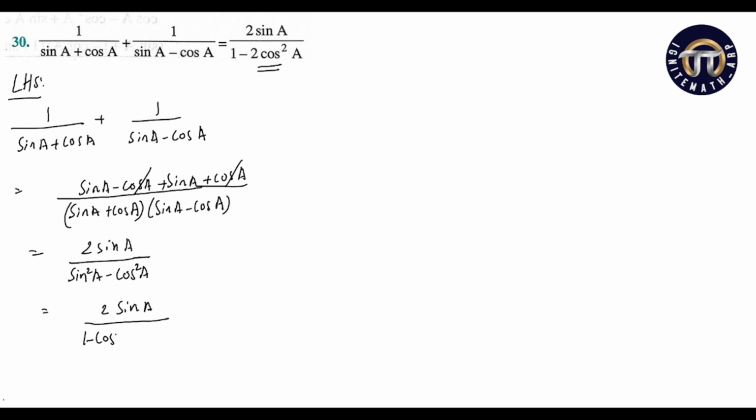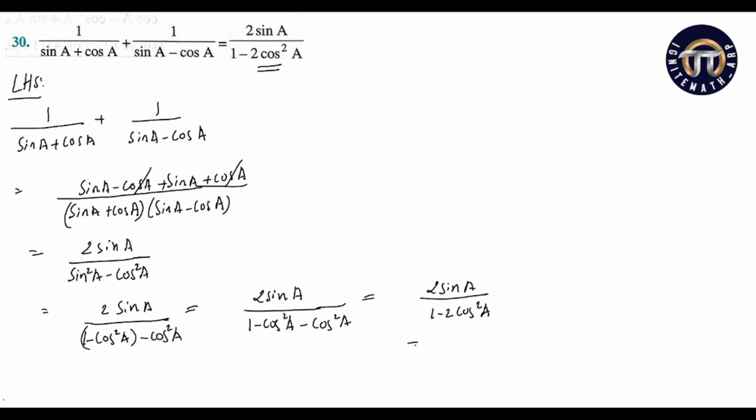So 1 minus cos square A minus cos square A. So that is equal to 2 sin A as it is by 1 minus cos square A minus cos square A. Then I can write this one as 1 minus 2 cos square A. So that is equal to the right hand side what is required.